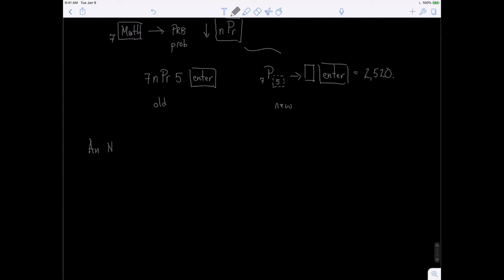All right, one last quick example, and that is, let's try an NBA team. An NBA team has 12 players. How many lineups are possible?